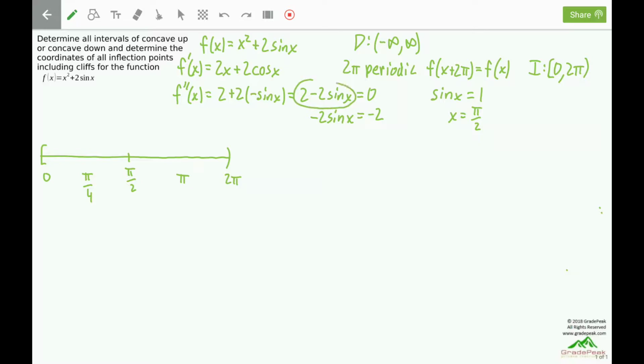So plugging in the test value pi over 4 into the second derivative. The sine of pi over 4 is square root of 2 over 2. Times the 2 is square root of 2. So we have 2 minus the square root of 2. 2 is bigger than the square root of 2, so that will be a positive number. We have a positive second derivative. This corresponds to concave up.